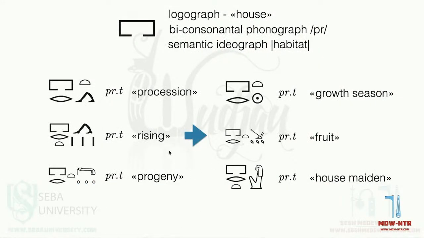Now, mind you, there are 6 words on the screen. All of these words are transliterated the exact same: PRT, PRT, PRT, etc. And the way we pronounce these today is all the same.